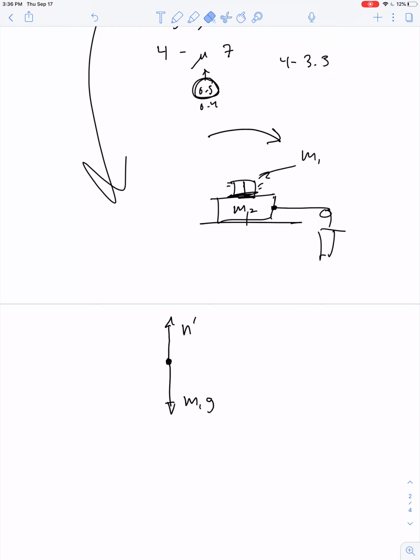If block number 2 is getting accelerated in this direction, and block 1 stayed at rest, then the relative motion between the two is block number 2 is trying to go to the right, and relative to block number 2, it's as if block number 1 is trying to go to the left. There are 2 different frames of reference.